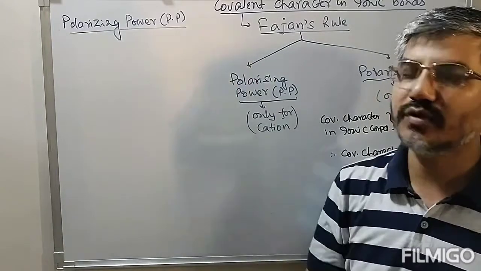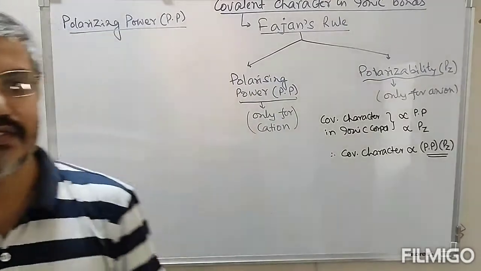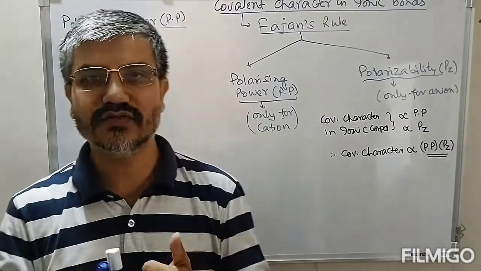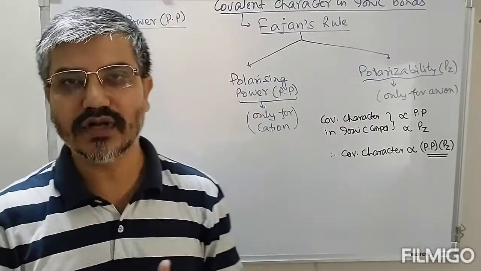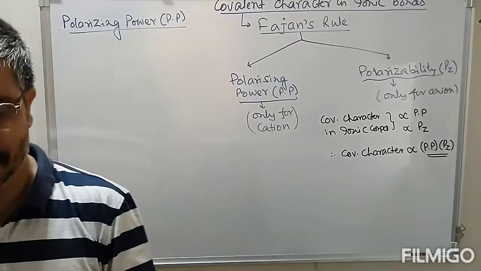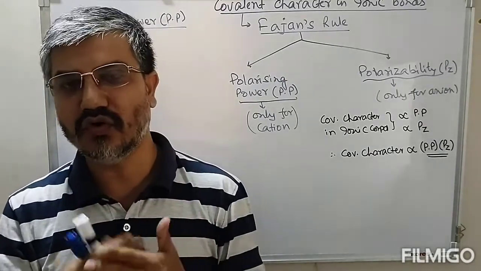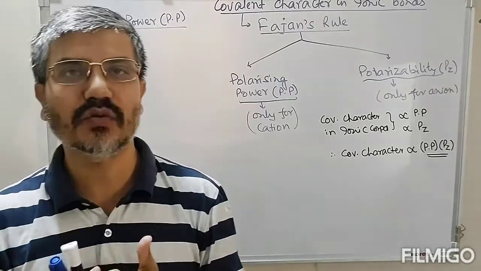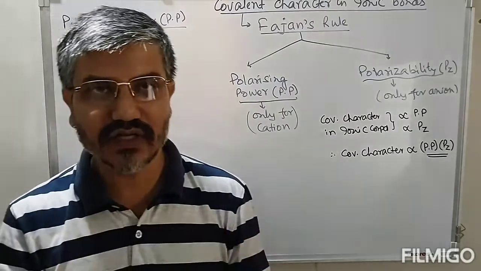The tendency of the cation to disturb, to distort, to deform the electronic cloud of the anion is defined as the polarizing power. So what we are saying is, when we discuss covalent nature, there must be a tendency for overlapping of orbitals. In case of ionic bond, there is no overlapping of atomic orbitals. Whereas if the tendency for overlapping of atomic orbitals increases, then the covalent character will increase.